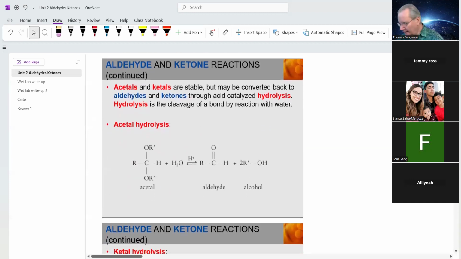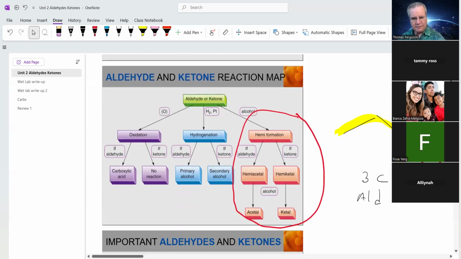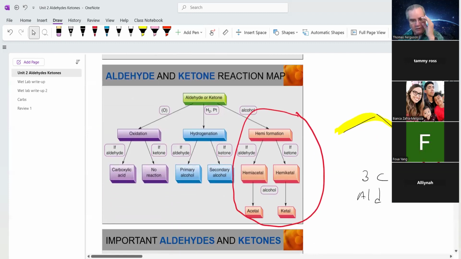Okay, now these acetals or ketals can come apart in an acidic environment with water and reform the individual aldehydes and alcohols. And again, this can happen biochemically as well via enzymes.